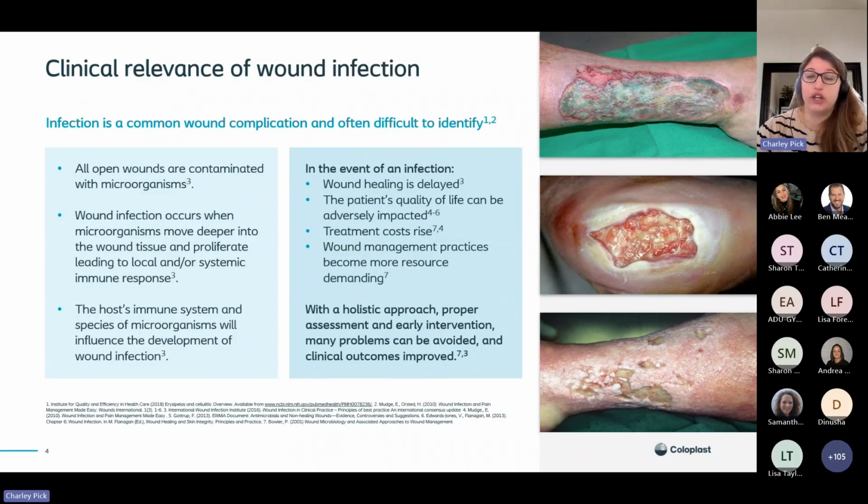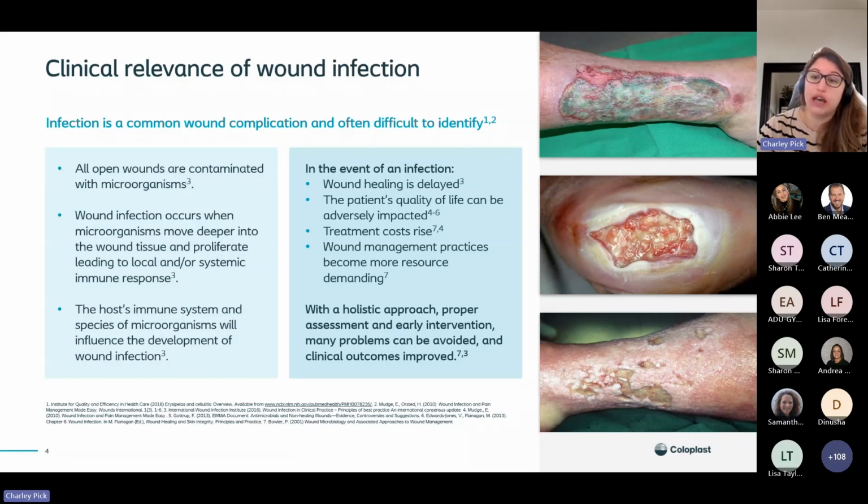So wound infection occurs when those microorganisms move deeper into that wound tissue and they proliferate, they multiply, leading to local and or systemic immune responses. And the host's immune system and the species of the bacteria will influence the development of wound infection. So it can depend on the type of bacteria in that wound and how good the host's immune system is.